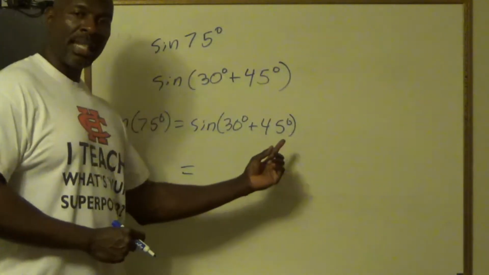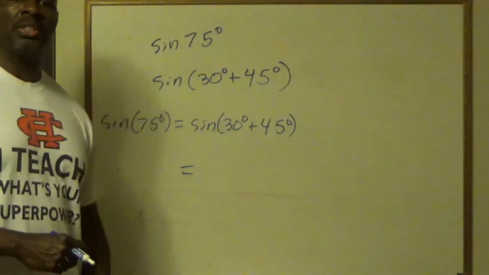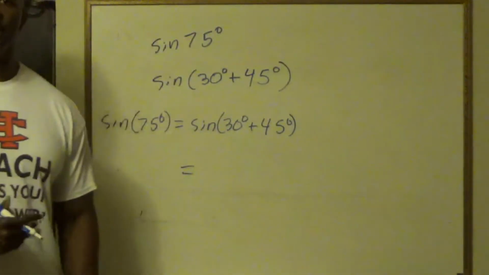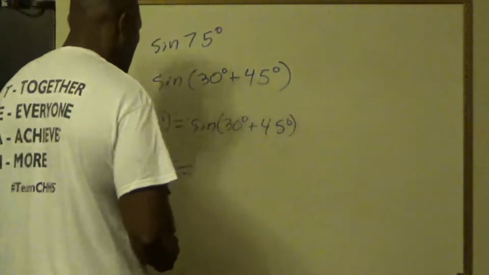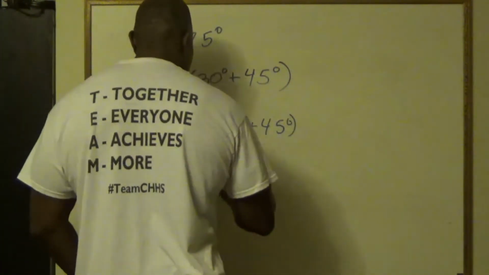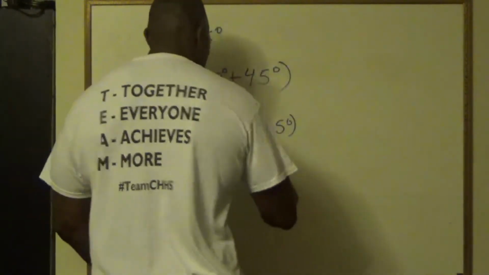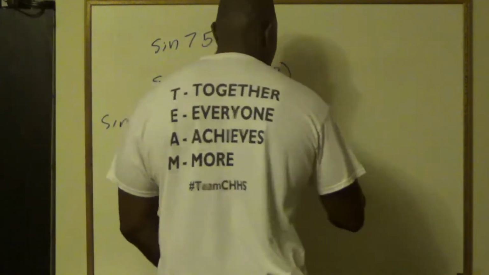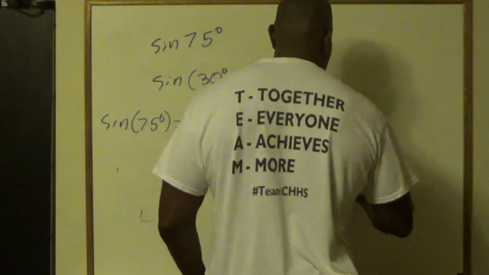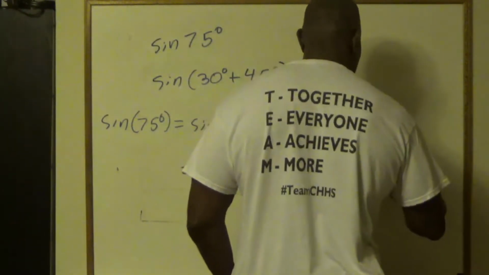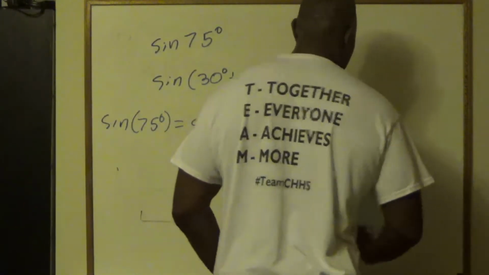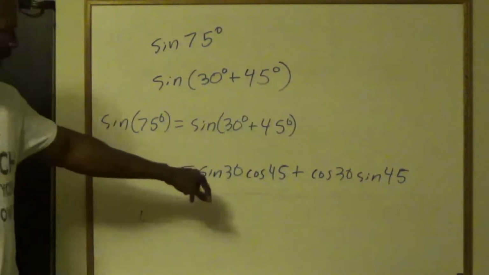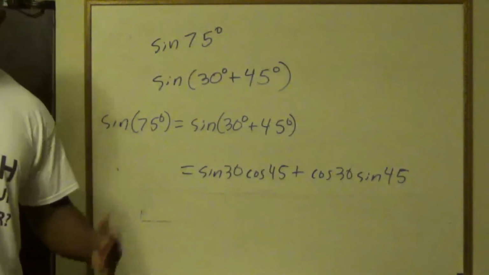And remember that's the sine of u times the cosine of v plus the cosine of u times the sine of v. So in this case, it'll be the sine of 30 times the cosine of 45 plus the cosine of 30 times the sine of 45. And from there, all we're going to do is plug in the numbers of these trig values and just simplify.